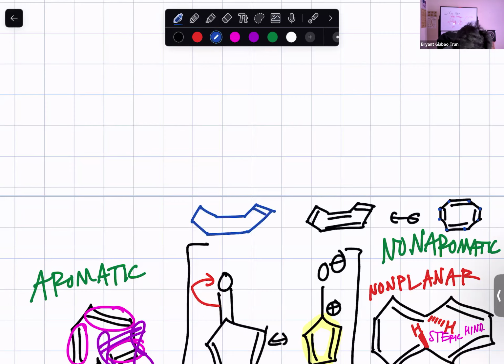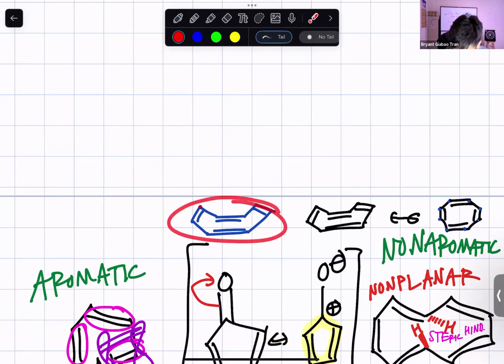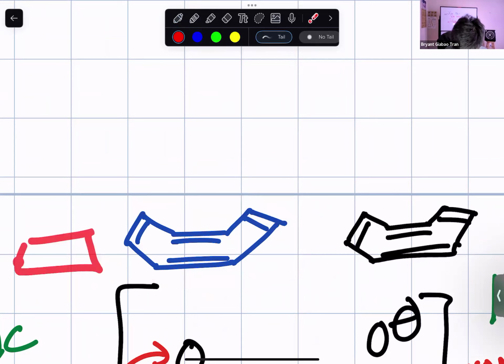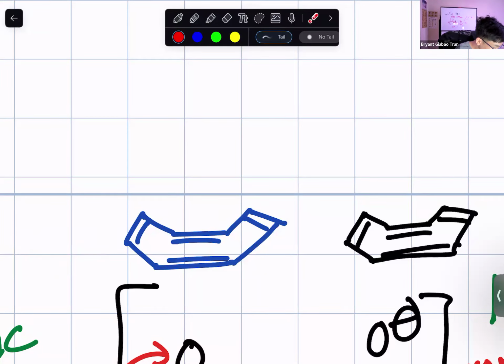But if you look at the individual carbons, you could say that in that plane they're planar. But the overall structure is non-planar because it's like a boat shape. If it's planar, then it has to be flat. But the boat one has them wedged up, going up like that.